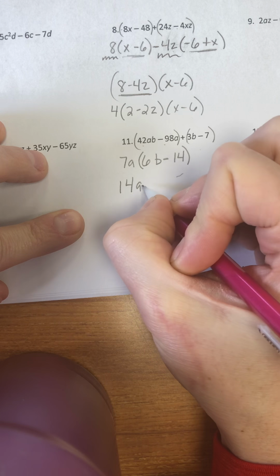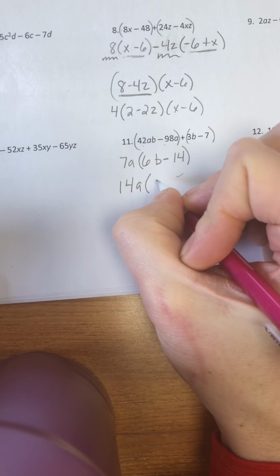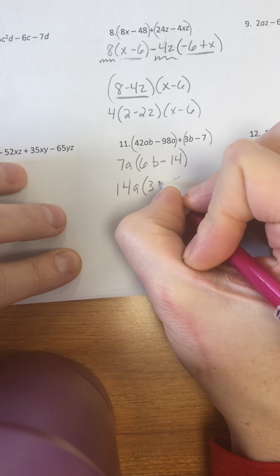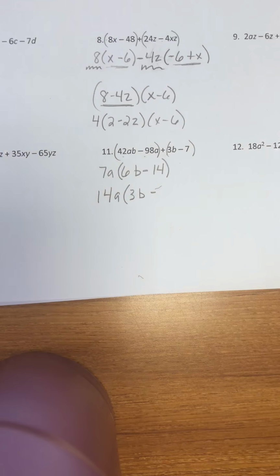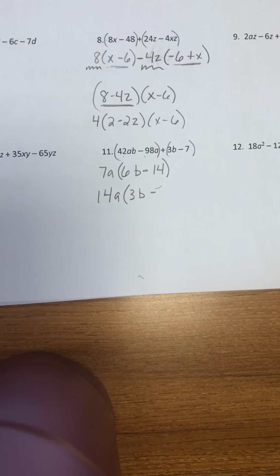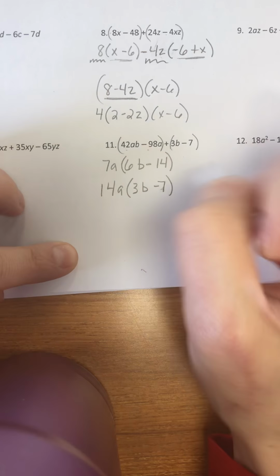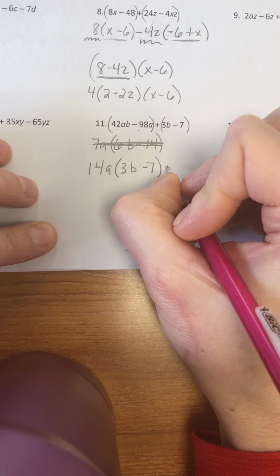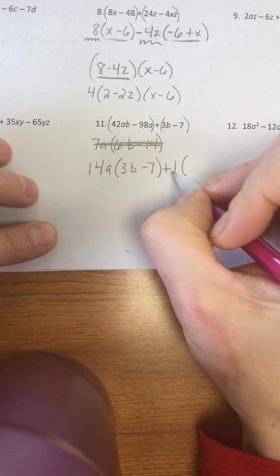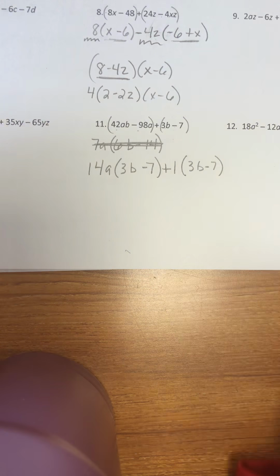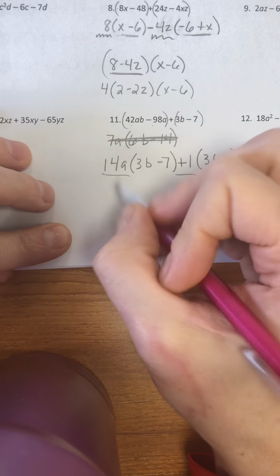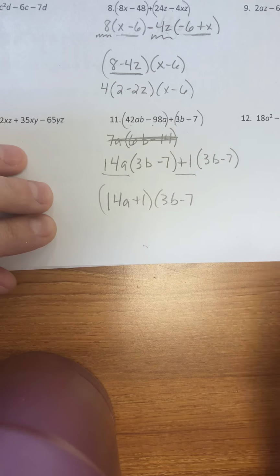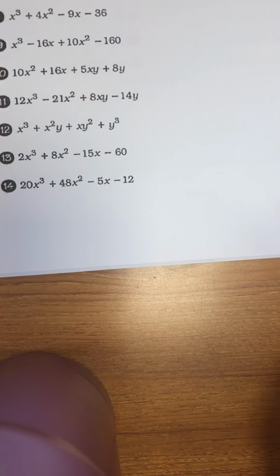So if I pull a 14a out, I would be left with 3b minus 7. And then I notice that I already have a 3b minus 7 in my second set of parentheses, but I still need to have a number here, so that's going to be 1 times 3b minus 7. And then I write this as 14a plus 1 times the quantity 3b minus 7. And that one is finished.